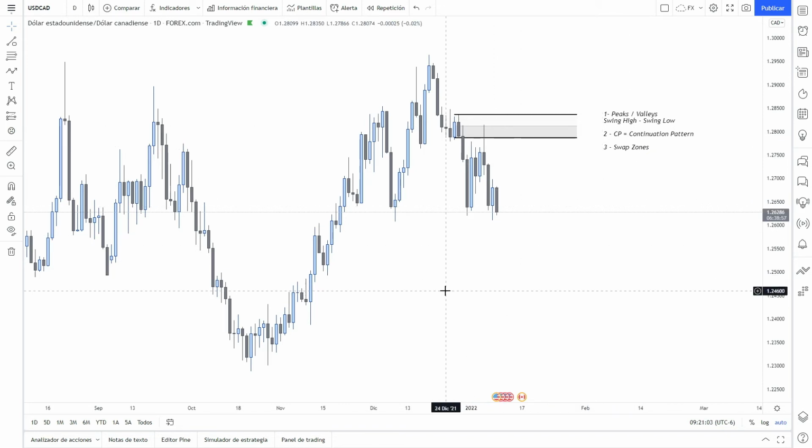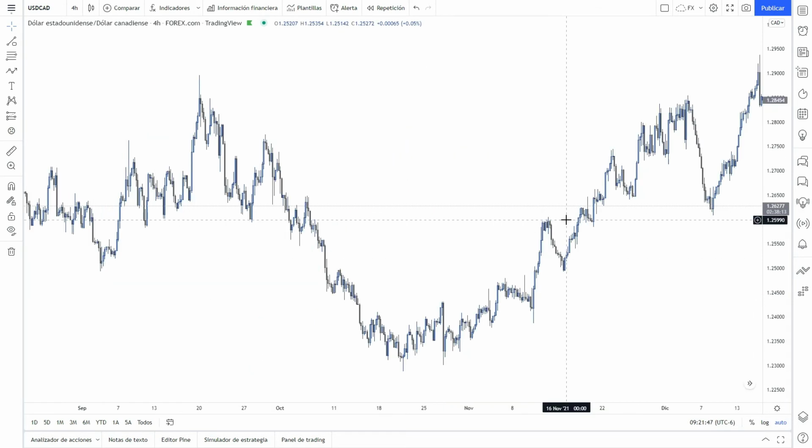Let me look for a swap example. Okay, I got one. When we talk about swap zones, that means that your previous demand fails and now it becomes supply, or the other way around. Your previous supply fails and now it becomes demand.